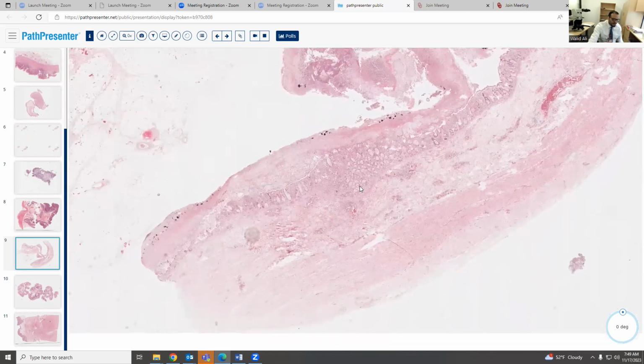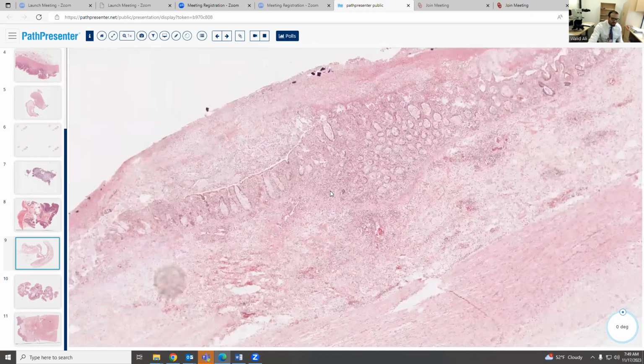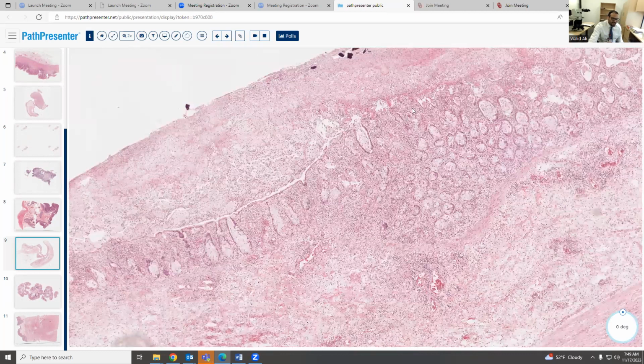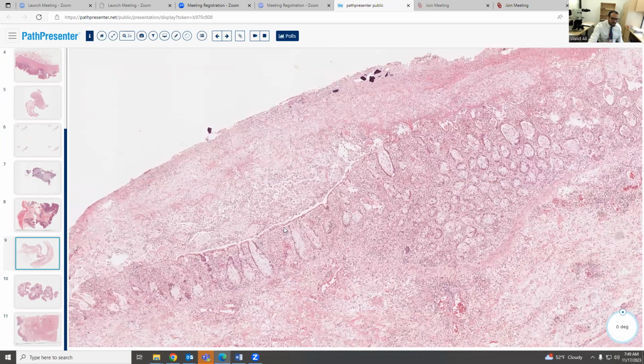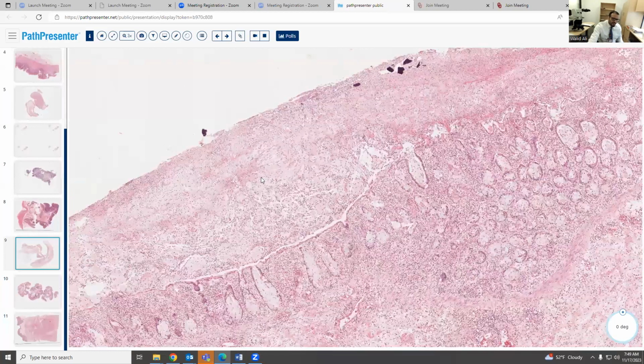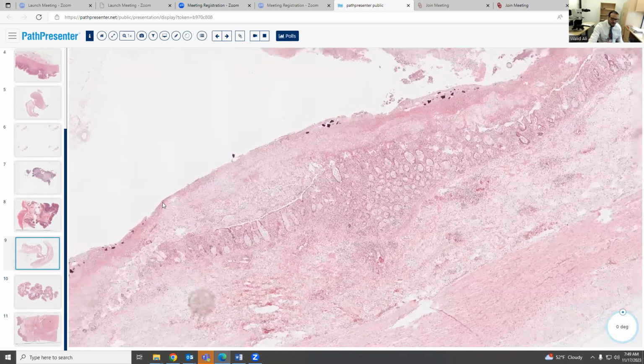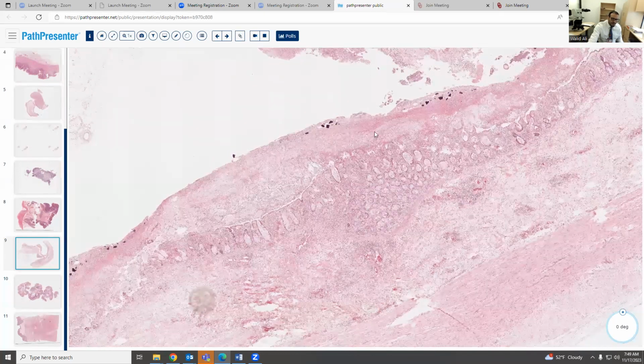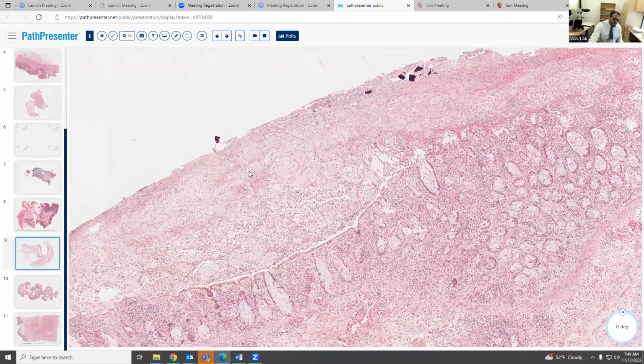Here we can see there's this ulcer, a discontinuation, and on top there's fibrinopurulent exudate over the ulcer in the colonic mucosa, and that's what is called pseudomembranous colitis.